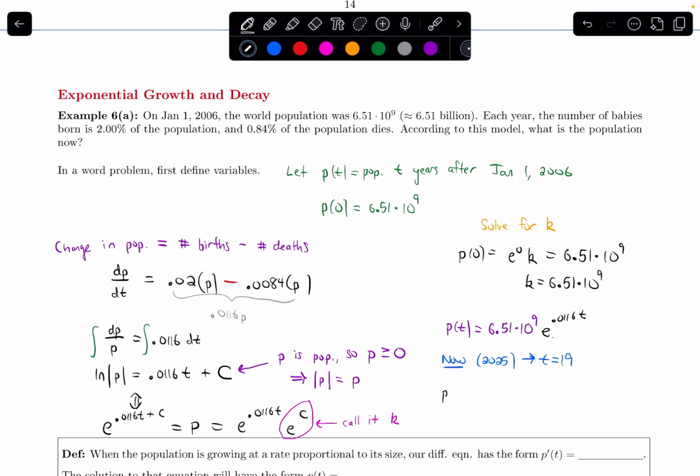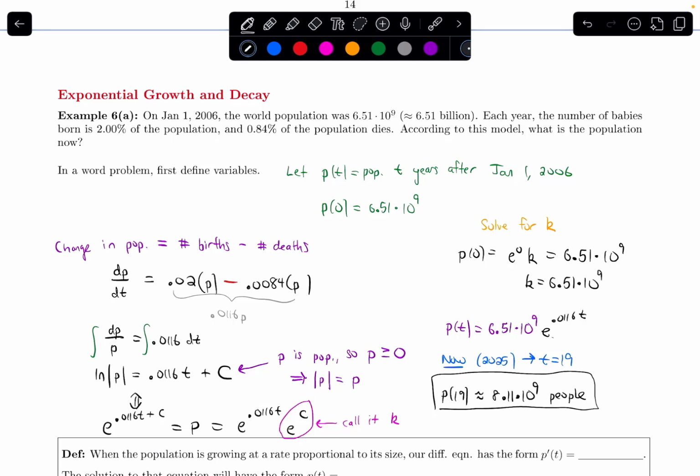So if I do p of 19, and I work out what this is, I'm going to go ahead and use a calculator to work this out. This is about 8.11 times 10 to the 9. So about 8.11 billion people, at least according to this model. So this many people. All right, and there we have it.